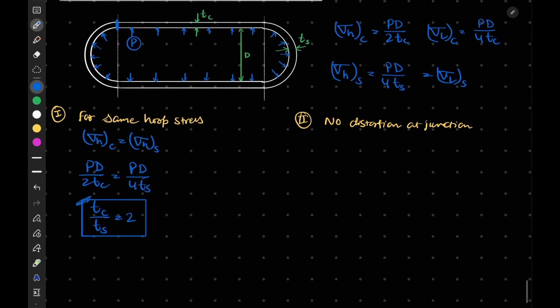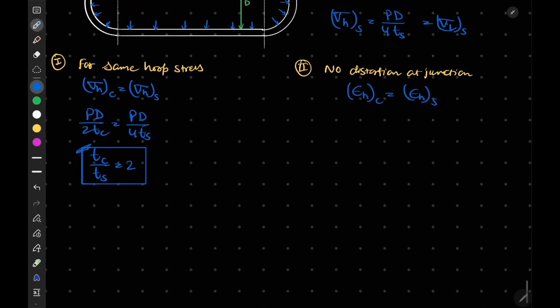Now for no distortion, I will write that the hoop strain of the cylindrical part is equal to the hoop strain of the spherical part, and the relation will be PD by 4TC into E times 2 minus mu is equal to PD by 4TS times 1 minus mu.